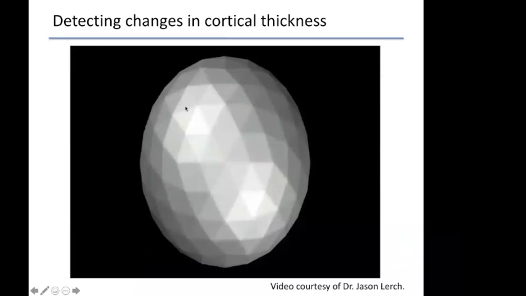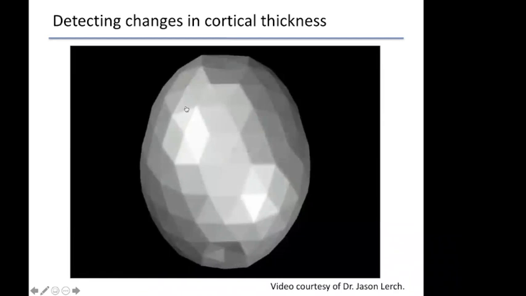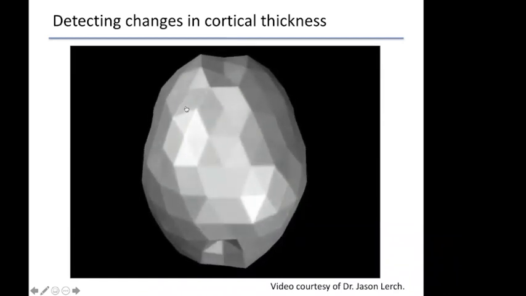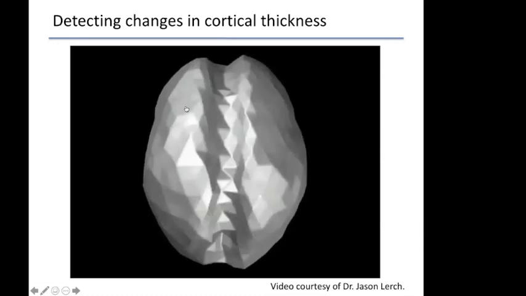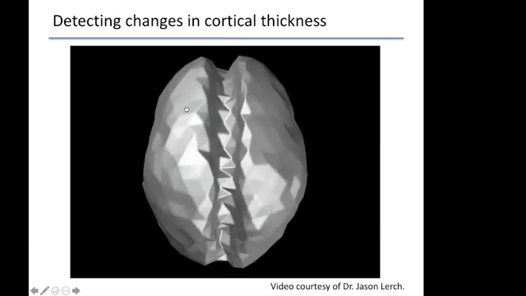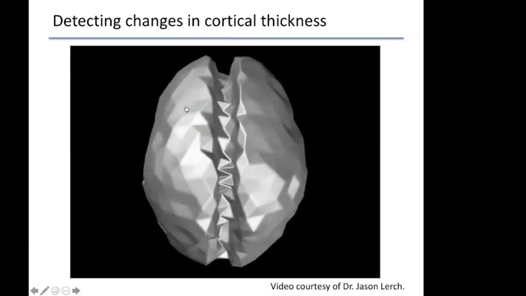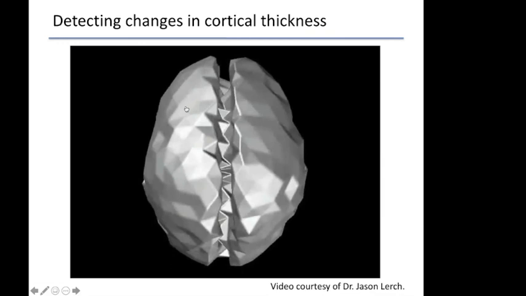So here's just an example of how the deformable model algorithm works. You start with an ellipsoid that's defined by a number of triangles connected to each other, which are defined by points in space, and they inherently are flexible by definition, and you're asking them to anneal to the white matter surface of the cortex.